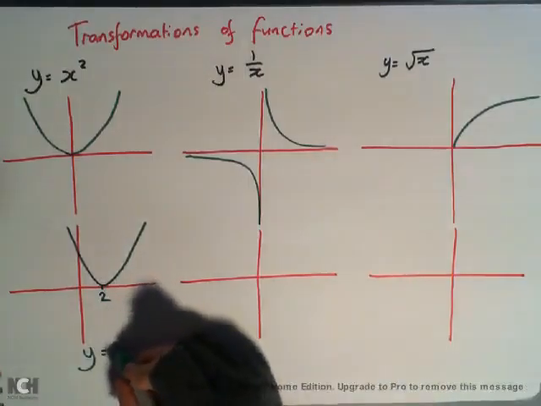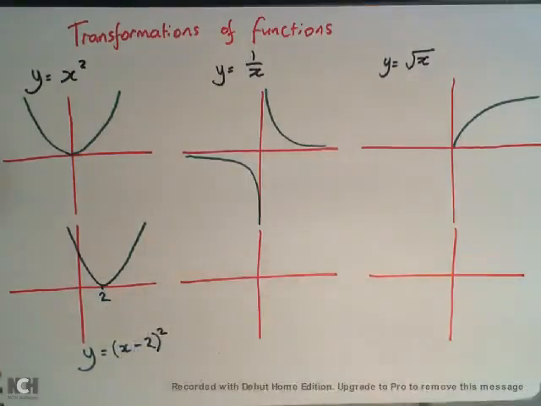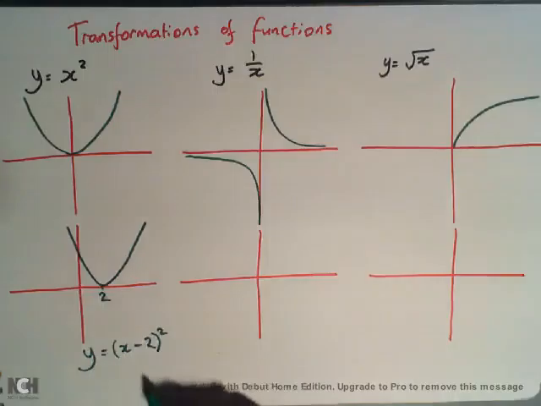We would write that as y equals (x take 2) squared. We've moved it to the right 2 places. Again, we've swapped around the signs, so we've moved across 2, but we have -2 in the brackets there.